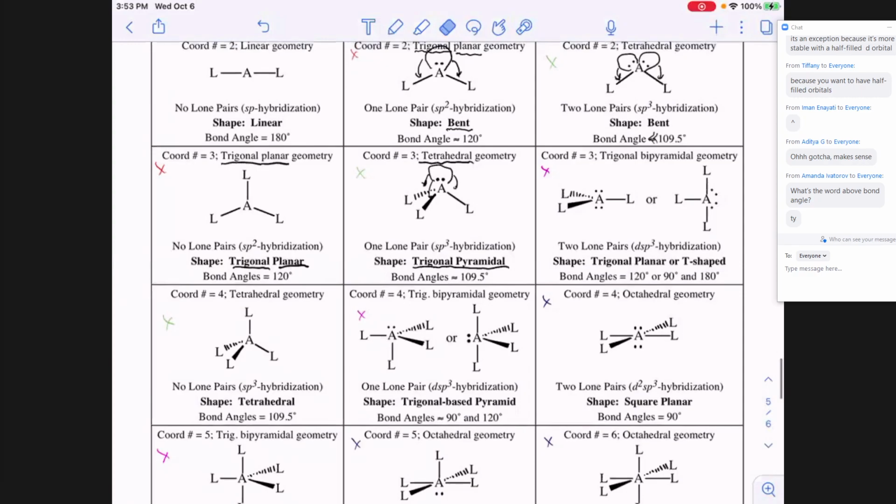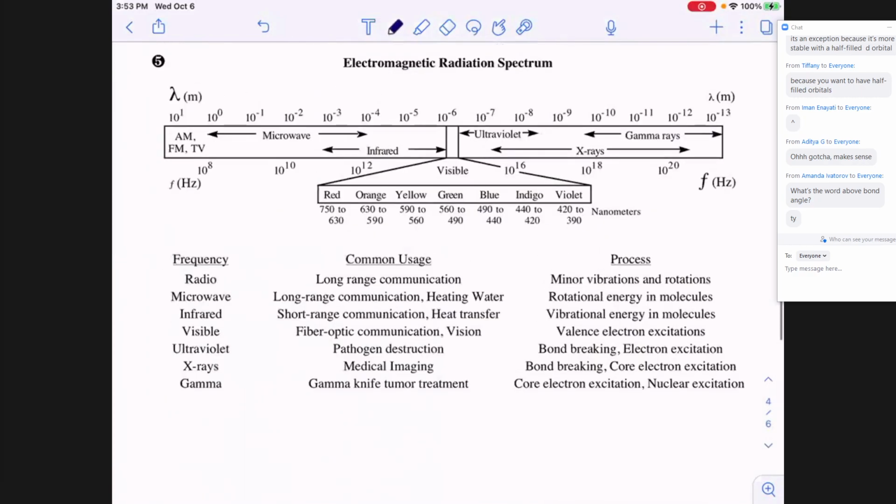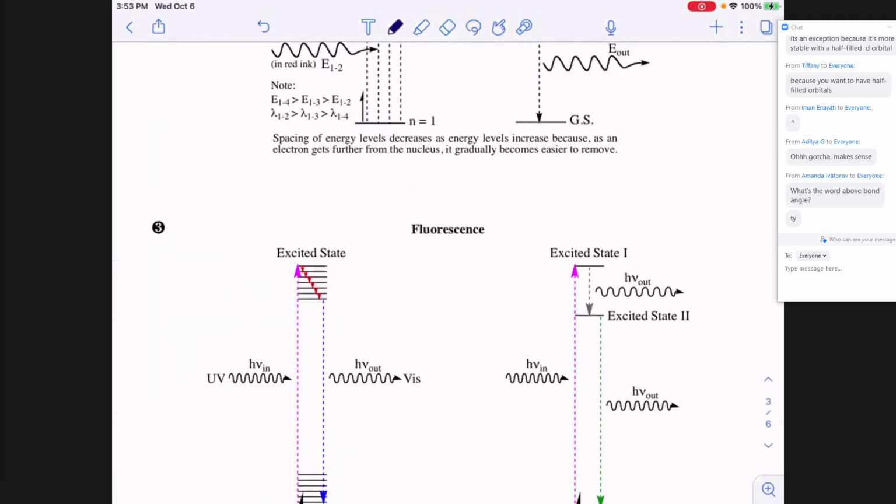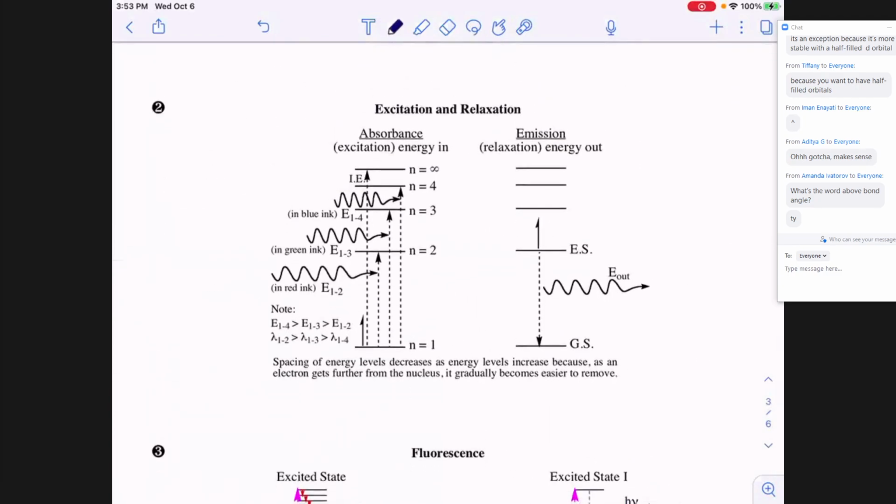Okay. The last thing that we need to cover before class ends is taking a look at what we talked about earlier about absorbance and emission. The chemistry term is called absorbance when we're taking in energy. This is energy in the form of Planck's constant times some frequency.